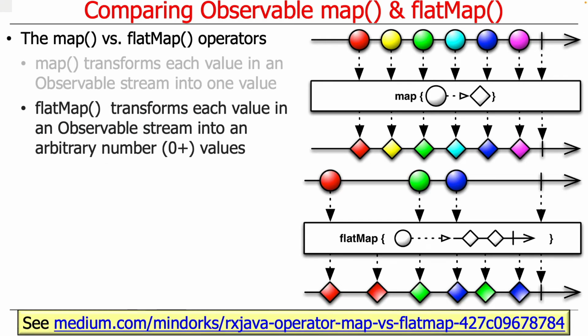In contrast, the flatMap operator will transform each value in the observable stream into an arbitrary number, zero or more. So you can have nothing emitted for each value, you could have one thing emitted, or you could have n things or k things or m things emitted for each value. That is obviously a difference right off the bat between map and flatMap.